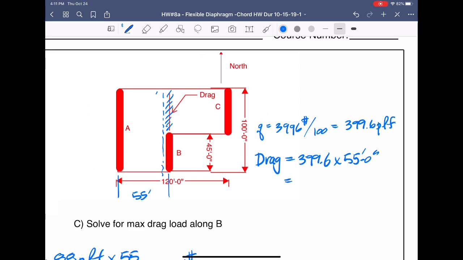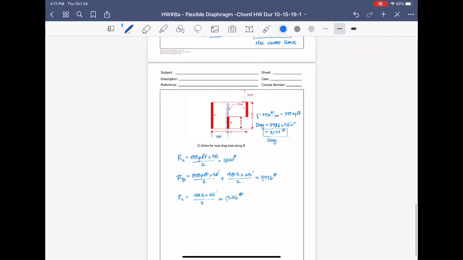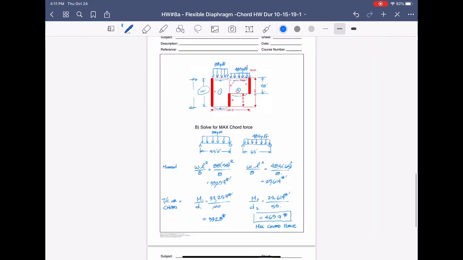So therefore, the drag amount comes out to be, shoot, I'm sorry, it's 39.6. Yep. So that comes out to be 2,197 pounds of drag. Drag along B. Great. So we're done with C.